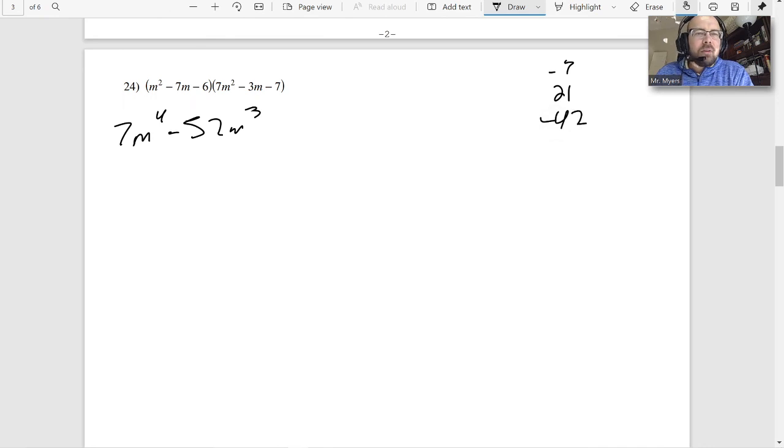So 21 minus 7 is going to be 14. Maybe it's easier to do 42 and 21 first, because 42 is 21 doubled. So it'll be minus 21, and a minus 7 is a minus 28. There we go. Minus 28.